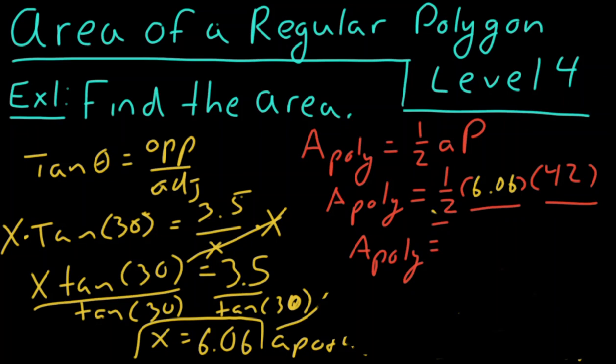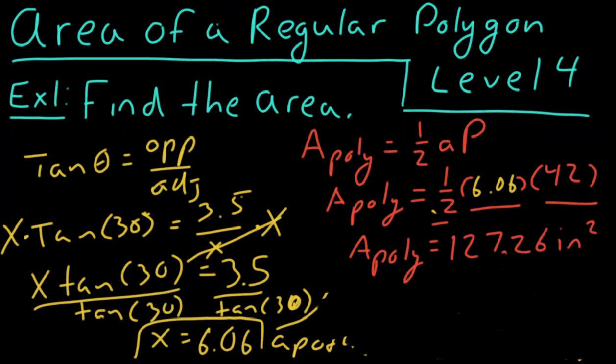So we know 1/2 is just another way of saying 0.5 times 6.06 times 42, and that's going to go ahead and give us 127.26, and in this case I believe we were using inches, so this would be inches squared.